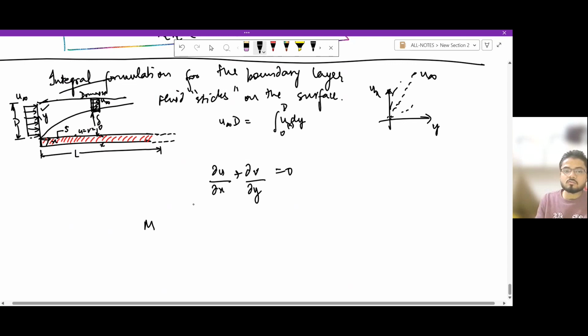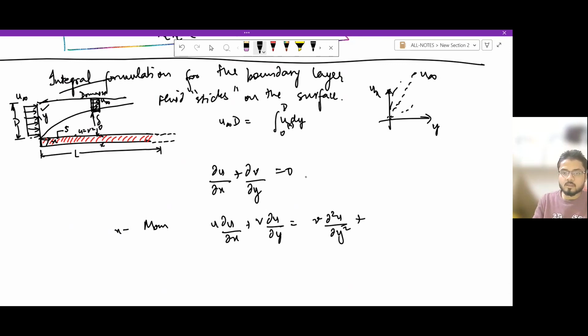And the x momentum equation, you could always write it as u del u over del x plus v del u over del y equals nu times del squared u over del y squared plus, yes, so this much is enough, I guess.